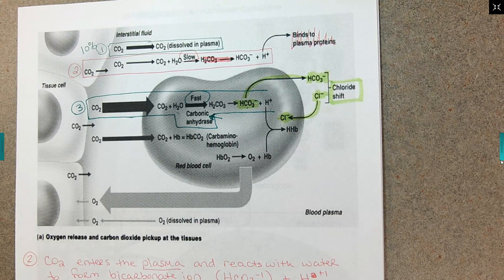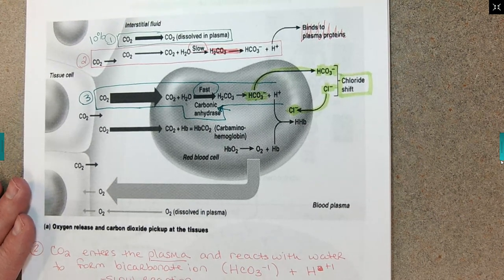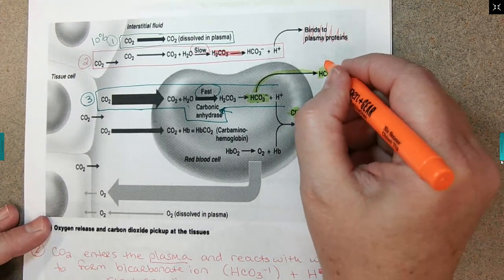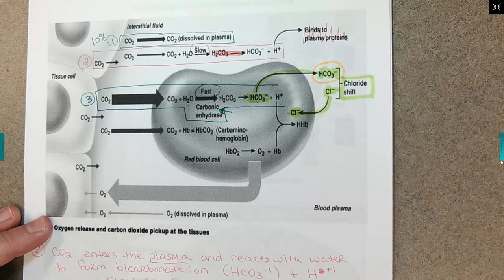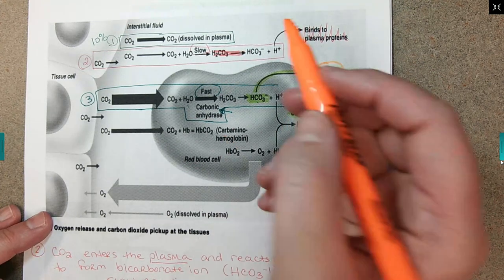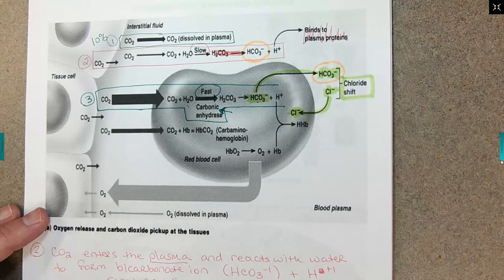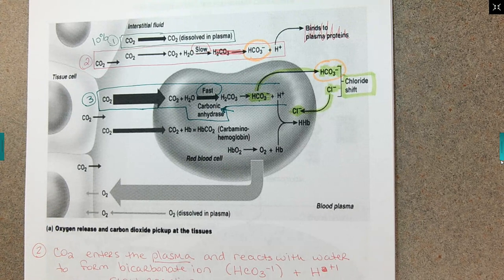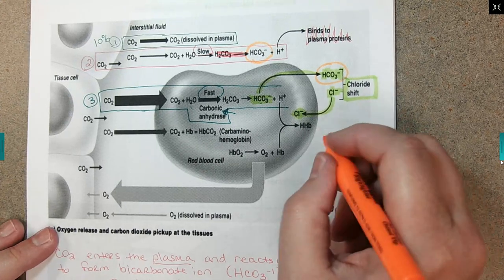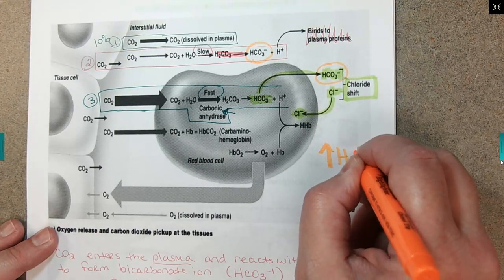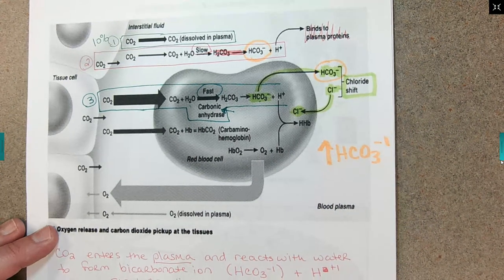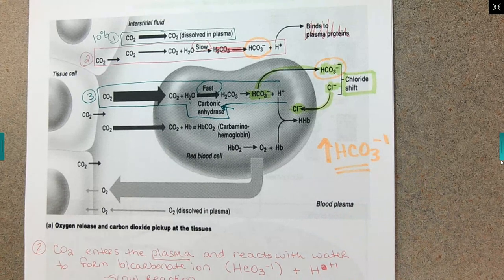In reality, what we have here is this bicarbonate ion that is now present inside the plasma from the fast reaction. But if you remember, we also have the bicarbonate ion from the slow reaction. Remember, carbon dioxide reacted with water to form that bicarbonate ion. So we have a high concentration of bicarbonate ions floating in the plasma, and that's important, okay?